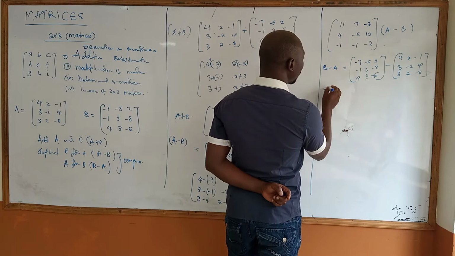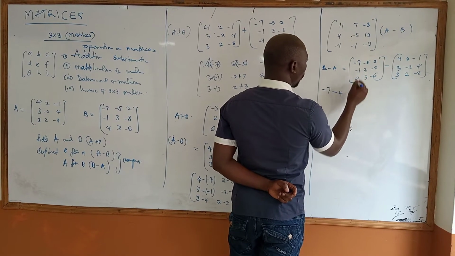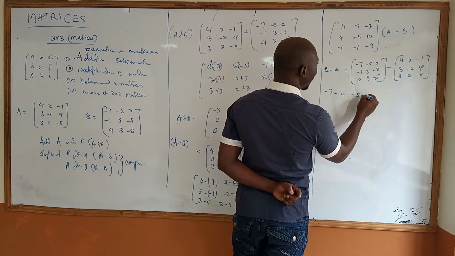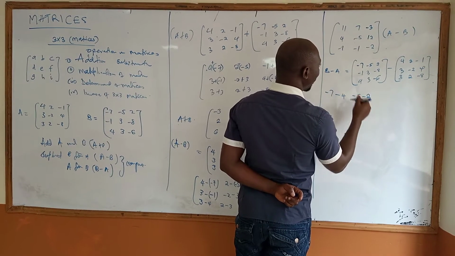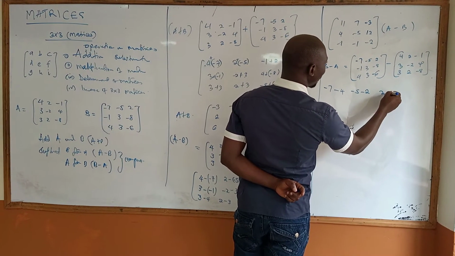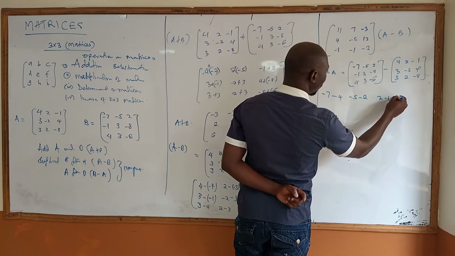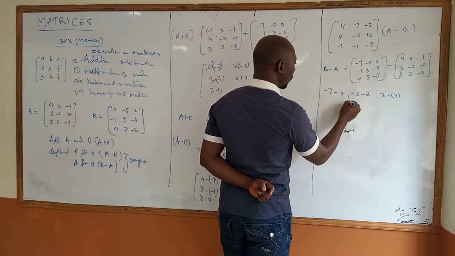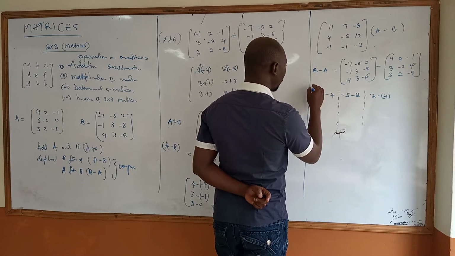That one shall be negative 7 minus 4, negative 5 minus 2, then 2 minus negative 1 as your first column in that format.